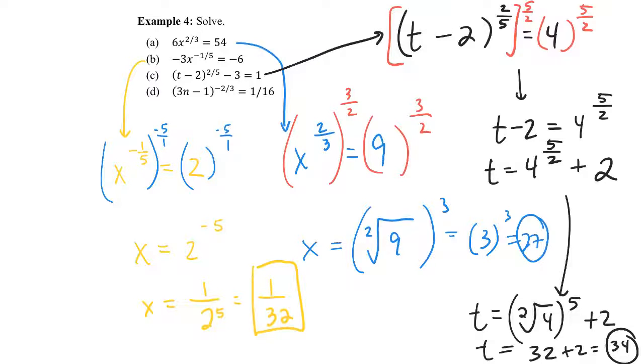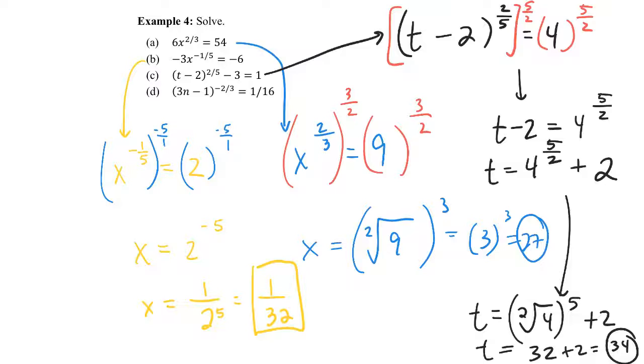If you want to, do you remember when we used dummy variables? I called them u substitution. Remember when we had weird things? We said let x equal whatever's on the inside. You could let u equal t minus 2 in this problem. Whatever argument is in here, you could let that equal u. And when you solve this, you'll get u equals 32.